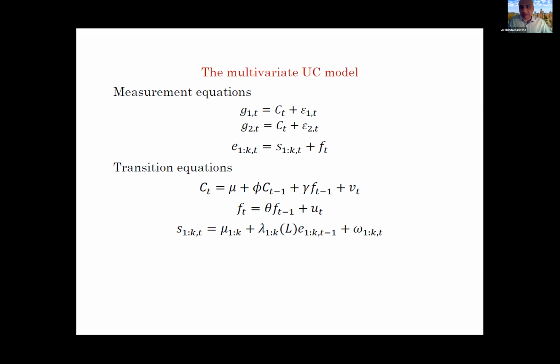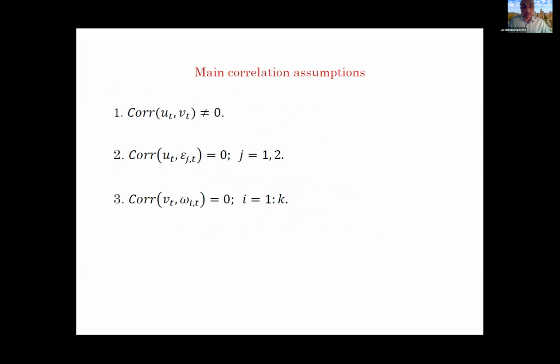In addition, all the employment growth rates are assumed to have a component that is persistent, but not part of the common component of GDP GDI growth rate. So this is a UC model. The correlations are obviously important. To be consistent with the targeted factor of employment growth story, we assume U_t, which is the factor shock, is uncorrelated with the noises in the GDP and GDI.